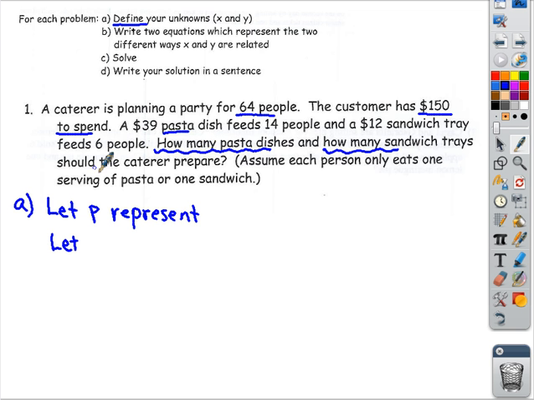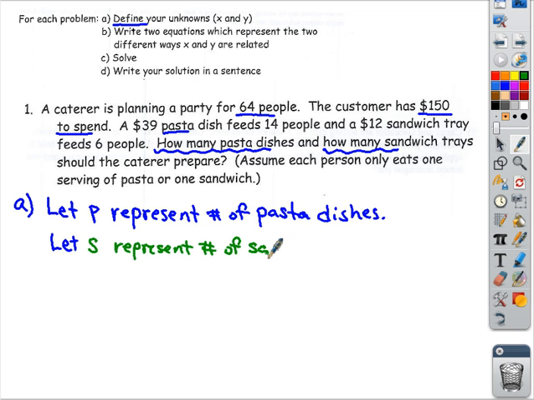So it's saying how many the caterer should prepare. So let P represent the number of pasta dishes the caterer should prepare. But I think I'll just write the number of pasta dishes. Okay, we can add the rest when we write our sentence. Okay, so P is our pasta dishes, and S is going to be, let S represent, or we could just say B, that'd be faster. Let S be the number of sandwich trays.